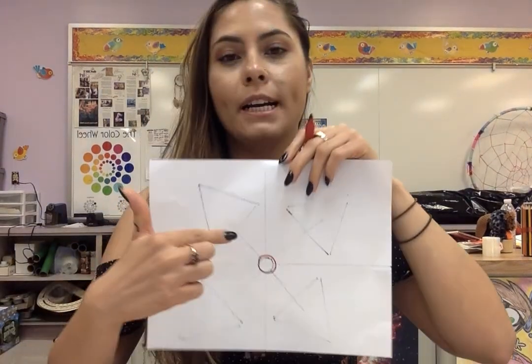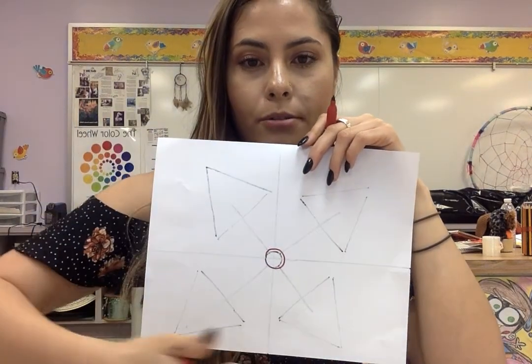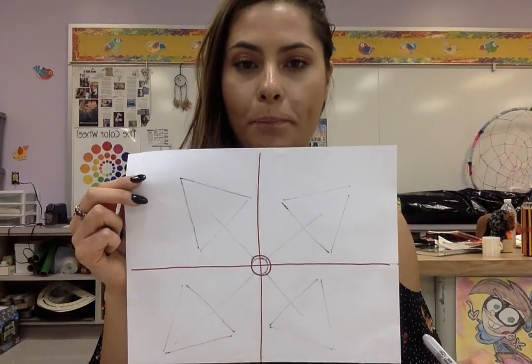So for example, here's my paper. It's right in the center there. In radial balance, everything goes around that center. So you have to pretend that your paper is split into sections. So for the sake of time, I'm going to split it into 4 sections right now.